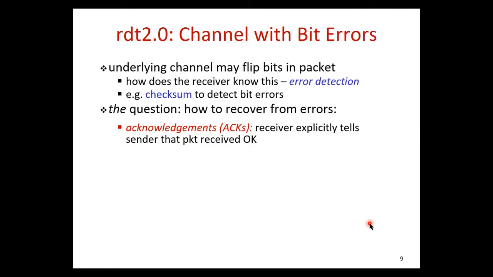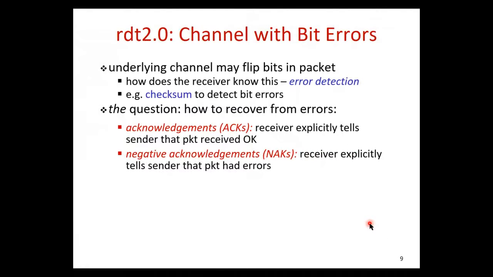How does a receiver give the feedback to the sender? There will be essentially two types of feedback. One is called acknowledgements, or ACKs, and the ACK simply tells the sender that the data was received without error, right? The packet has been received okay.